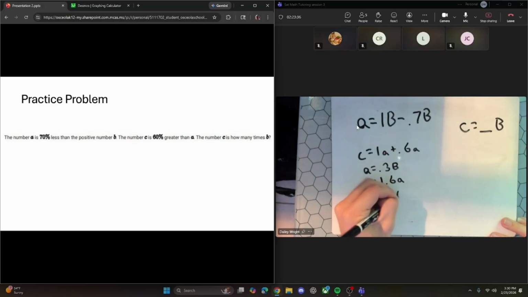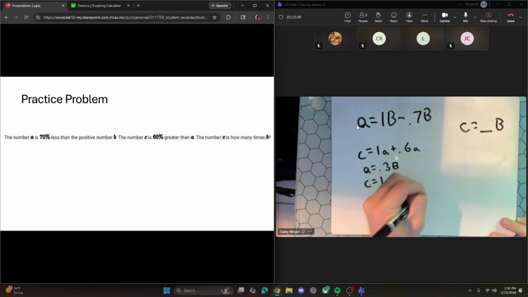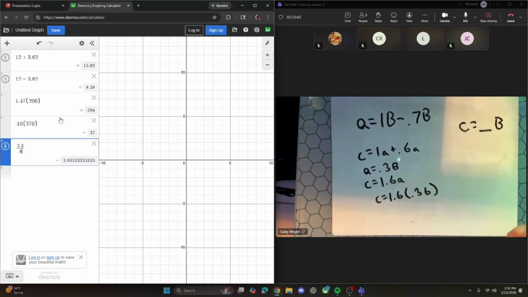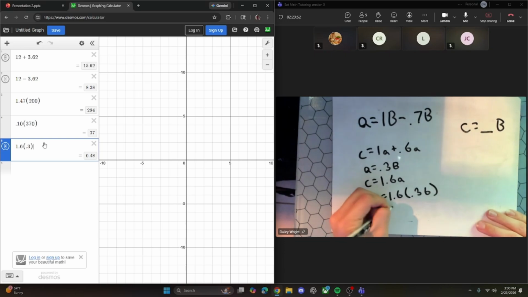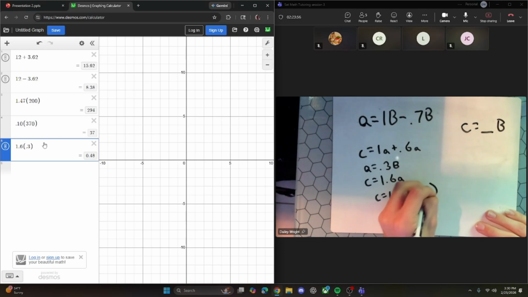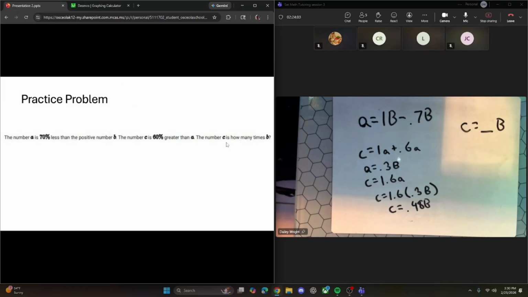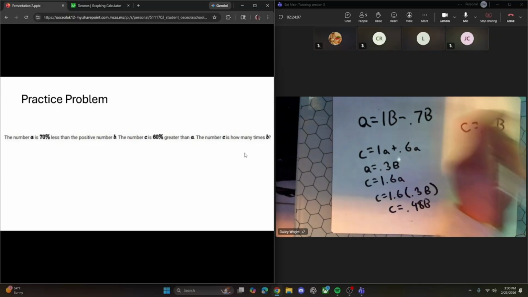C equals 1.6 times 0.3B. Now we'll have to do 1.6 times 0.3. Let's get out Desmos for that. 0.48. C equals 0.48B. So your answer would be C is 0.48 times B.